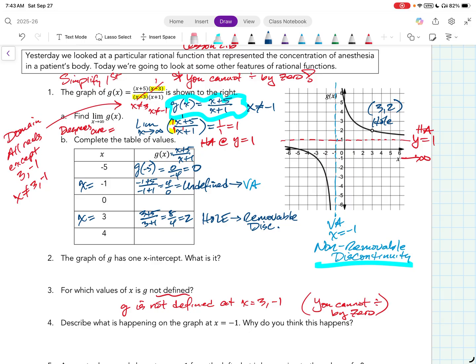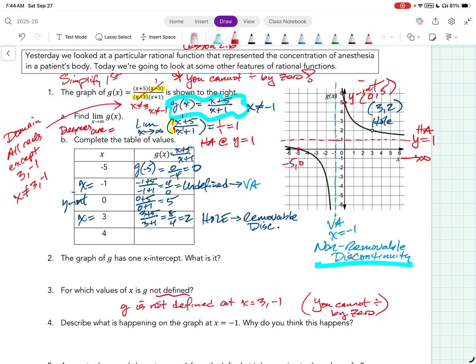Let me see, we have a y-intercept here. Let's substitute 0 in. So 0 plus 5 divided by 0 plus 1. That's 5 divided by 1, or 5. You can see this right here on the graph. It's called a y-intercept, at 0, 5. And then we have an x-intercept at -5, 0.